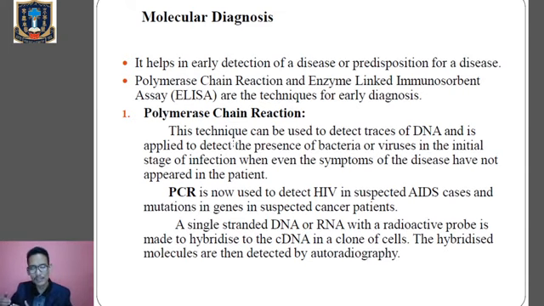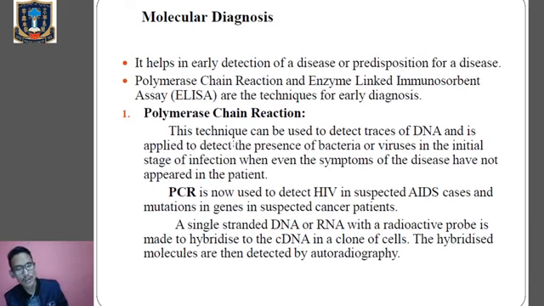At the beginning stage of infection, we can detect the presence of bacteria or viruses in the body with the help of PCR, even when the symptoms of the disease are not visible in individuals. PCR is mainly used to detect HIV in suspected AIDS cases, and to detect mutations or changes in the genes or DNA in cancer patients.